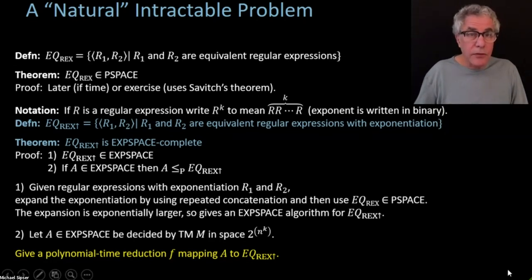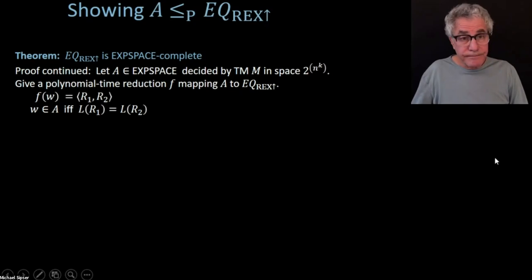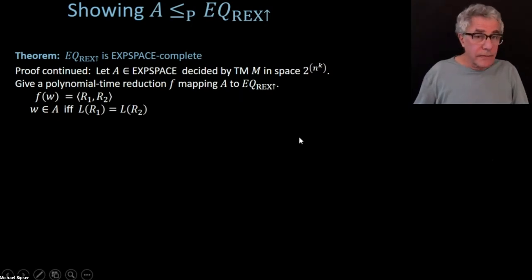Okay, so no questions. Why don't we move on then? So here, I have 3 slides on this, but they're kind of dense. I'm sorry to say. So here's the plan as usual. We're going to map A with a polynomial time reduction to the equivalence problem for regular expressions with exponentiation.